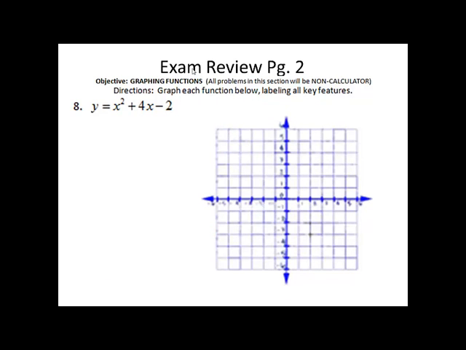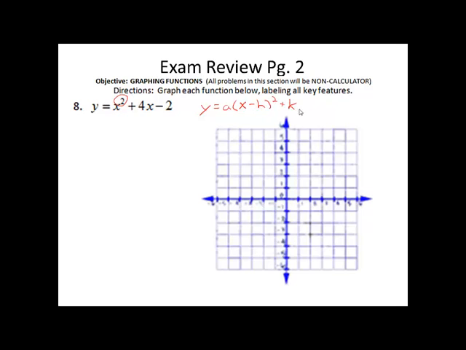Here we have a 2 as an exponent, but we don't have what we saw last time in our vertex form. We have this x squared plus 4x minus 2, and what we want is y equal to some number out front times the quantity of x minus h squared plus k.